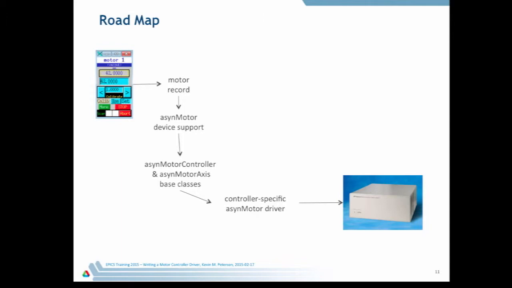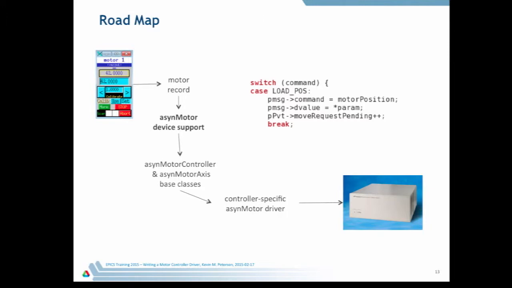When you set the position from MEDM, you get the channel access call to the motor record, and the motor record has a load position function, and it calls this code that you see there that tells device support to write a load position message, and it passes the argument to device support. Device support catches this request and translates it into a motor position call, which is something that the base class understands.